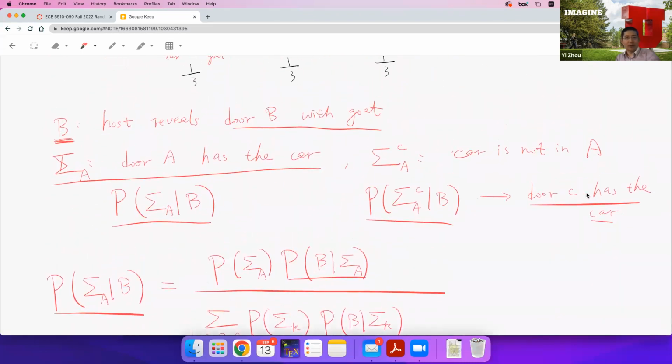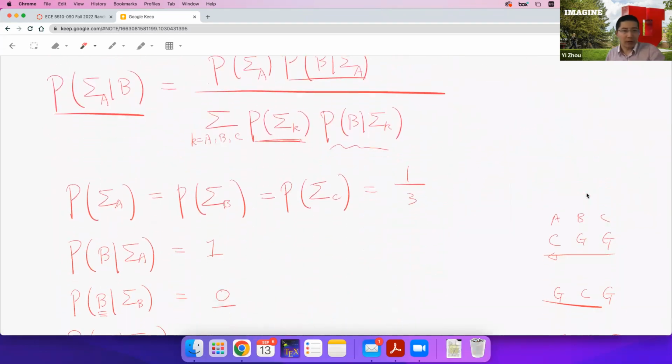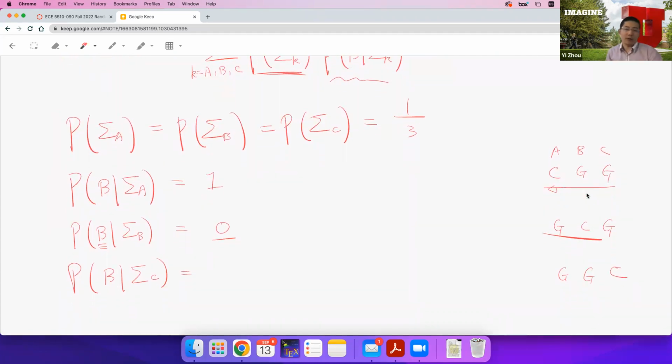Sigma A means door A has the car. Yes, and the assignment is clear. And then you look at the host revealing door B. I'm thinking that, yeah, I didn't see why it is 1/2.